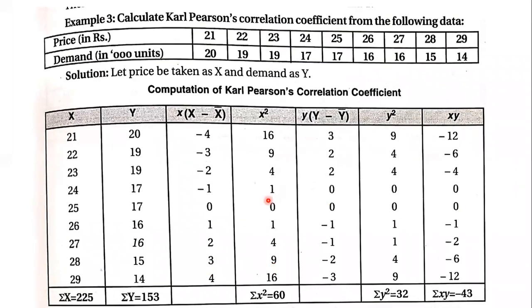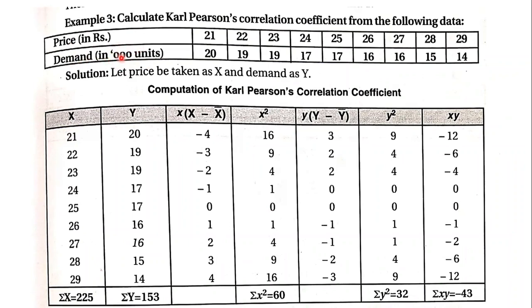Okay, so let us solve one more problem now. The next problem is: calculate Karl Pearson's correlation coefficient from the following data. Now here again they have given us price in rupees, demand in 000 units, that is nothing but 1000 units.